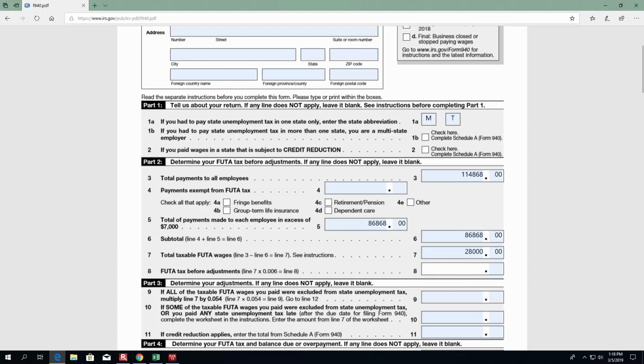Therefore, what's my FUTA tax? Then take that all the way down to Part 4. Part 3 is beyond our scope; we're not going to have a situation that fits in there. So you can finish filling out the whole front of the 940 now.